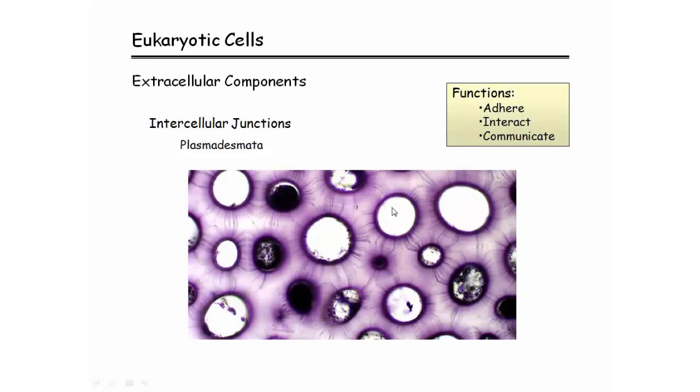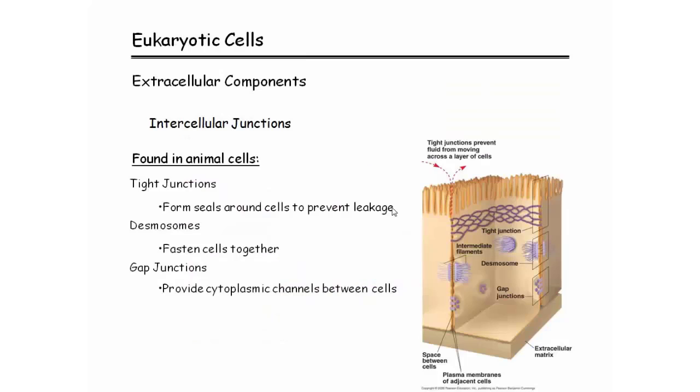Now, animal cells certainly need to communicate as well, but they don't have the cell wall there, so they don't have to actually run a connection or a tunnel across cell wall material. So if we look at the intercellular junctions in animal cells, they do have what are called gap junctions. The gap junctions will be similar in function to the plasmodesmata because these will be cytoplasmic channels.